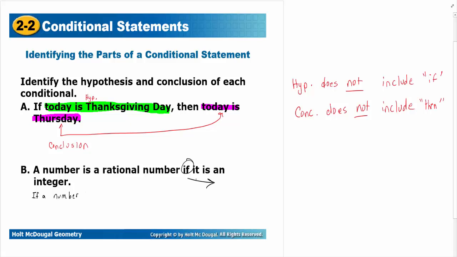Now what they did is they flipped this whole thing around. So you have to be able to rewrite it so it starts with the if and then goes to the then. So I'm writing it in terms of an if-then statement or a conditional statement. So if a number is an integer, then it is rational.